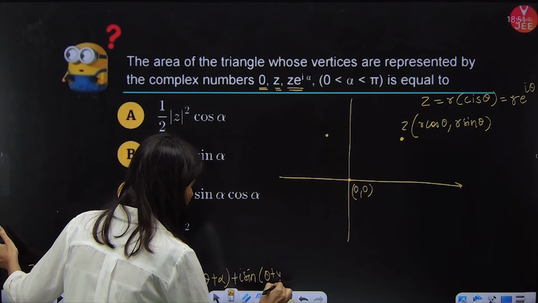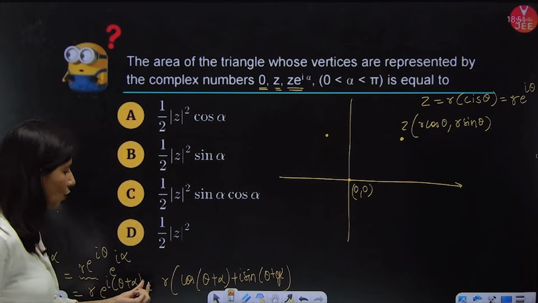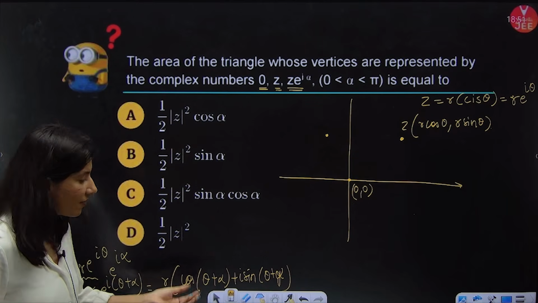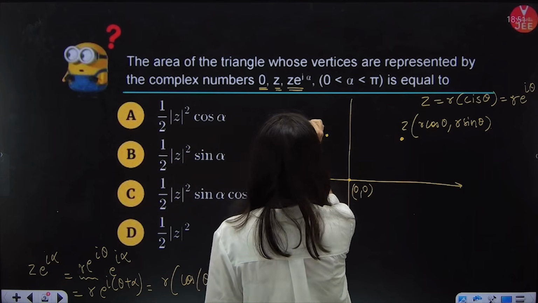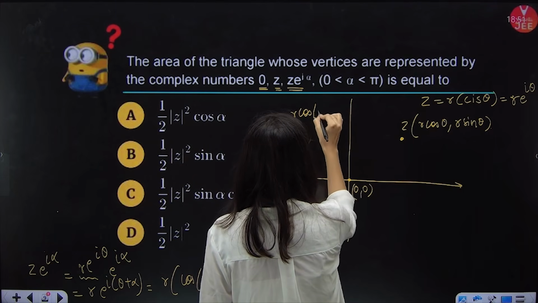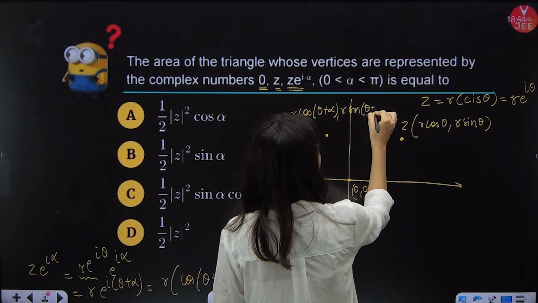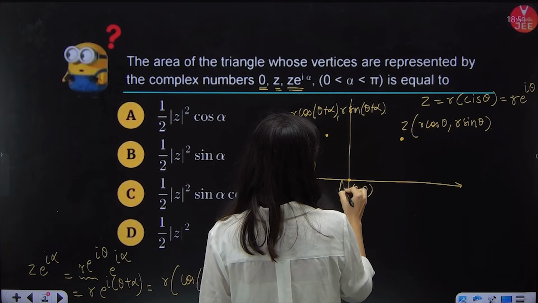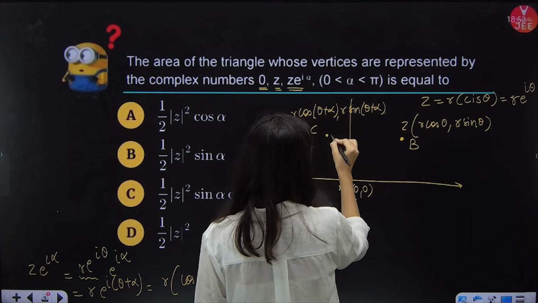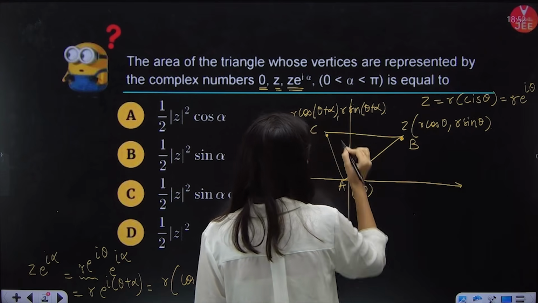What is the x coordinate? Tell me. X coordinate is r cos theta plus alpha, y is r sine theta plus alpha. So this is r cos theta plus alpha, comma r sine theta plus alpha. So this is your A, this is your B, this is your C. Now you have got all three coordinates.